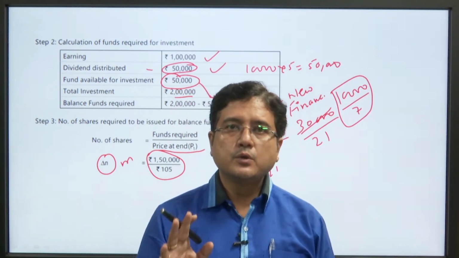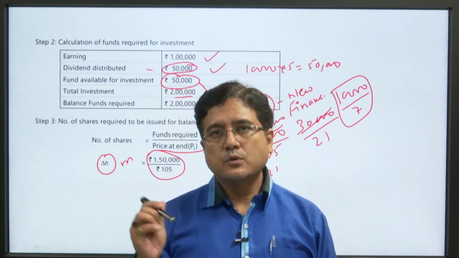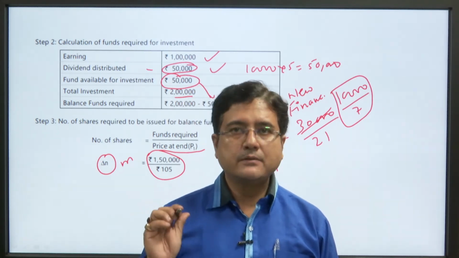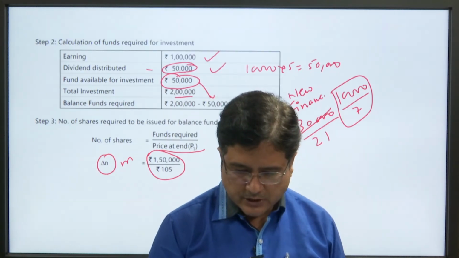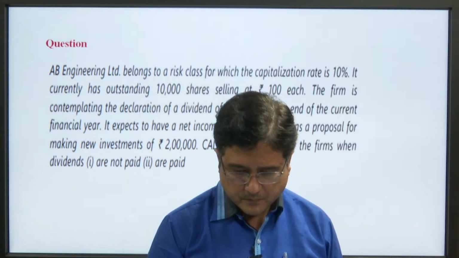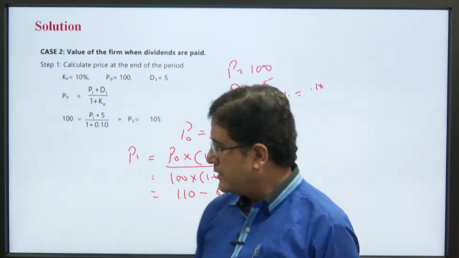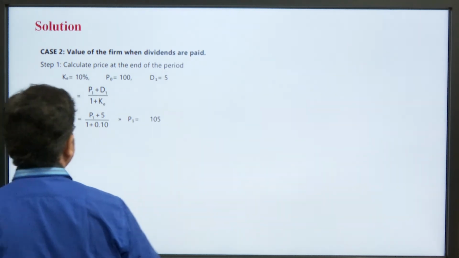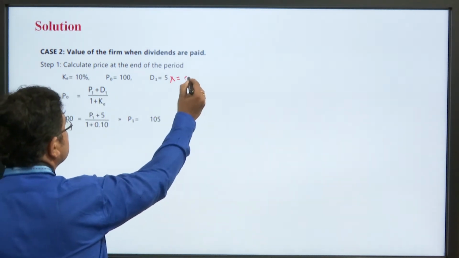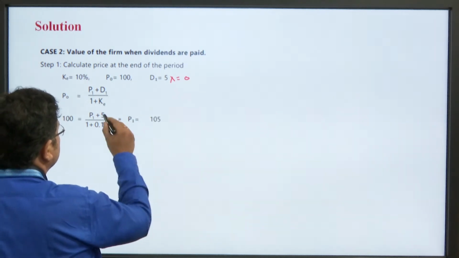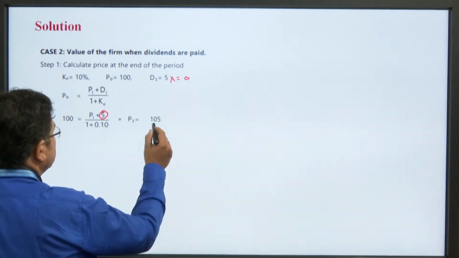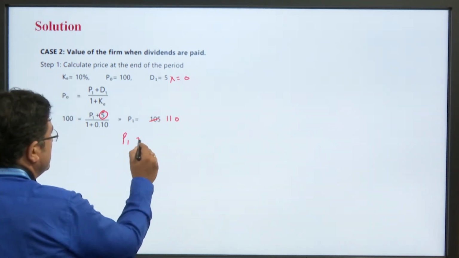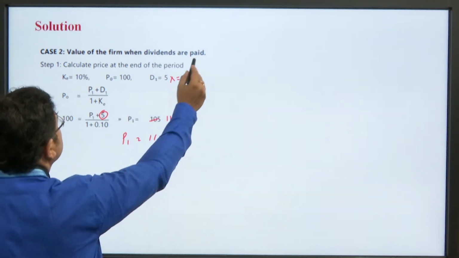I show you again how it happened. This is when the value of the firm is 10 lakh and we paid the dividend. Let me change it again. I erase the things here. Let D1 equal 0. Now P1 becomes 110 when not paid.